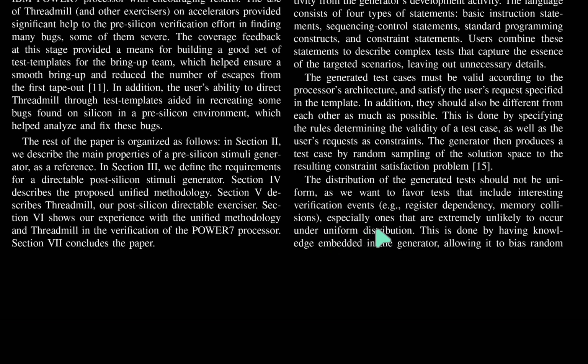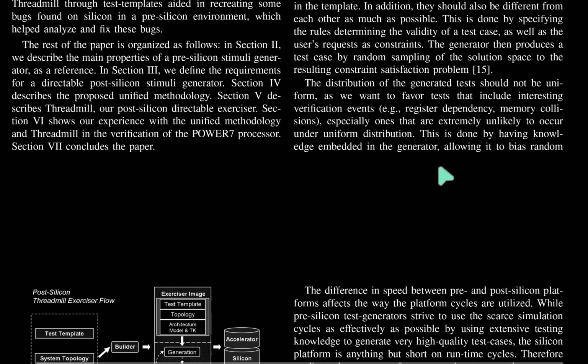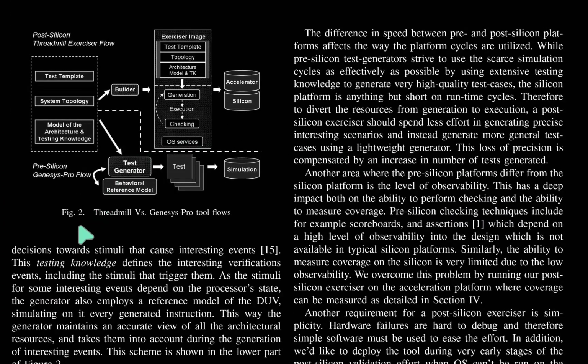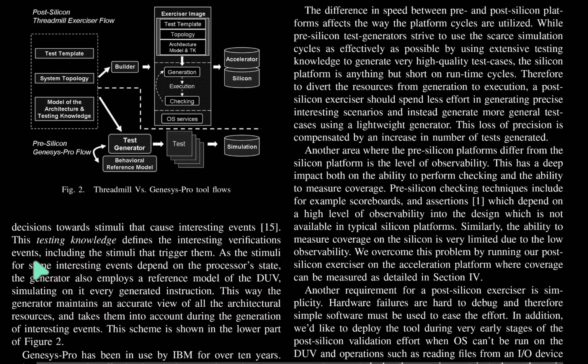This is done by having expertise embedded in the generator, allowing it to bias random decisions toward the stimuli that cause interesting events. The test expertise defines the interesting verification events, and includes the stimuli that trigger them. As a result, it adds the stimuli for some interesting events depending on the processor state.